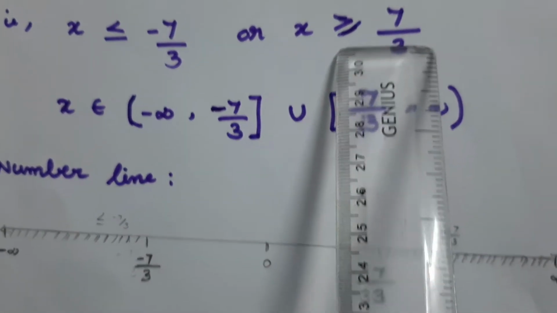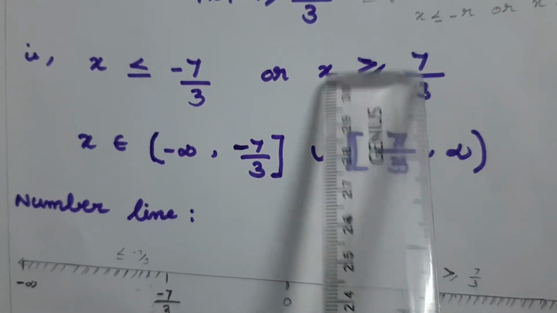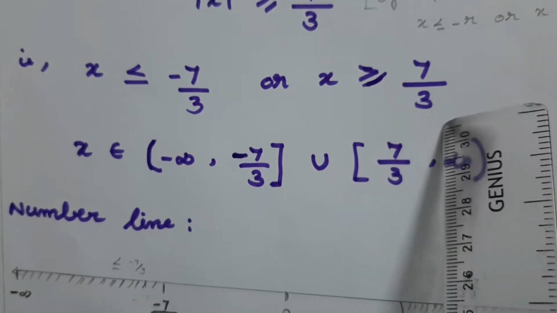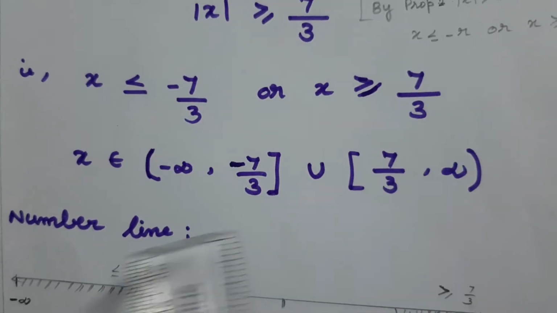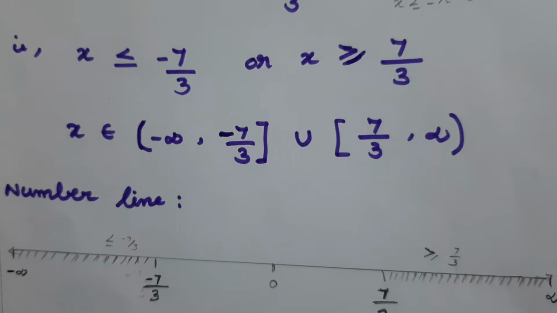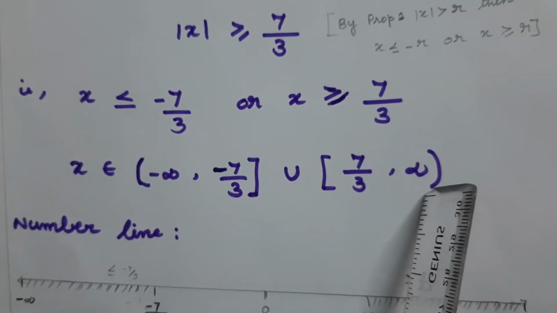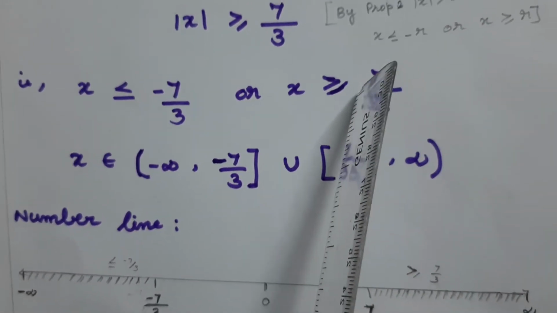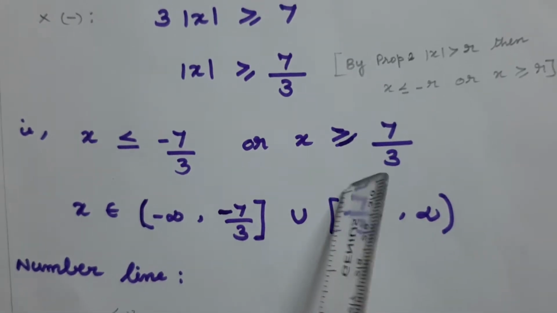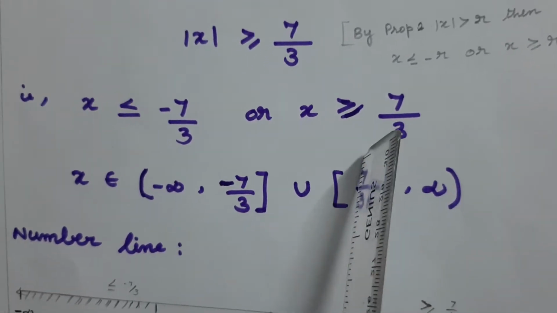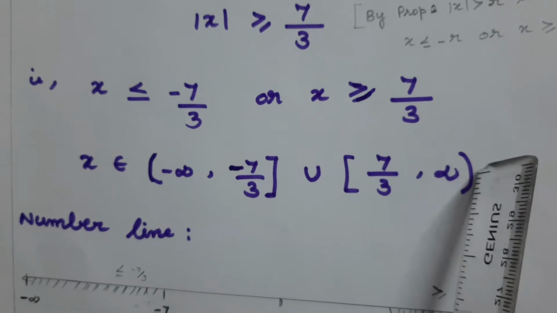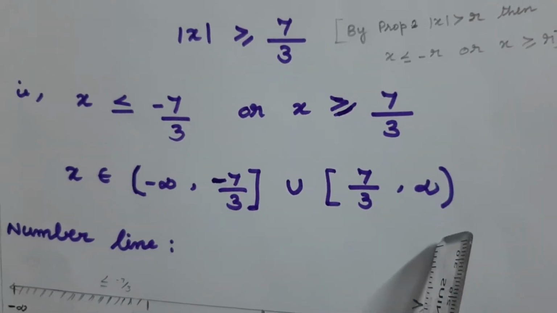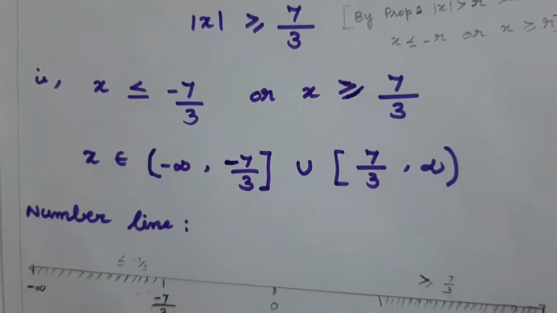Union. This x value is greater than or equal to 7 by 3. So, greater than 7 by 3 means it is the right hand side of your number line till infinity. Since it is given equal to, we have given the closed bracket here for 7 by 3, comma infinity with the open bracket. Now, replace this in the number line.